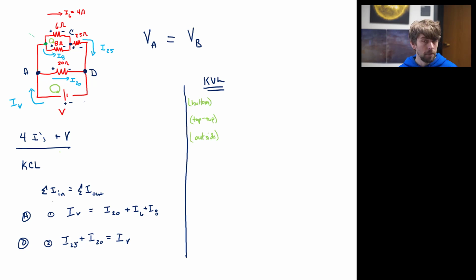As you get more and more familiar with applying Kirchhoff's laws, you'll notice that some choices are really nice, some of them are less so. Here I've tried to include loops that contain as much of the known information as possible. In other words, the 6 ohm resistor.